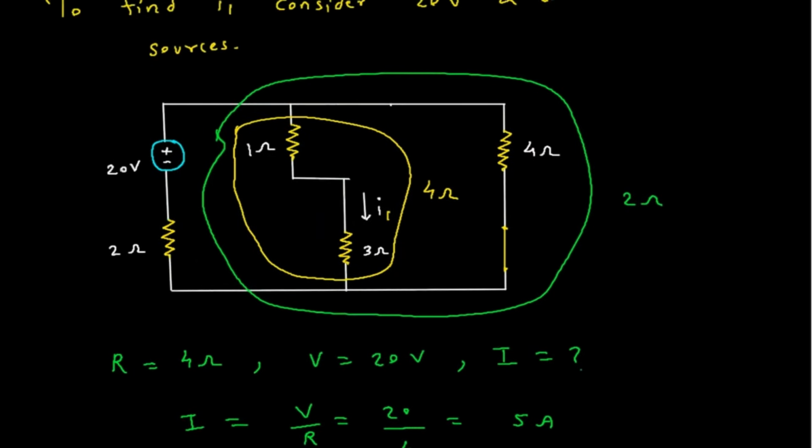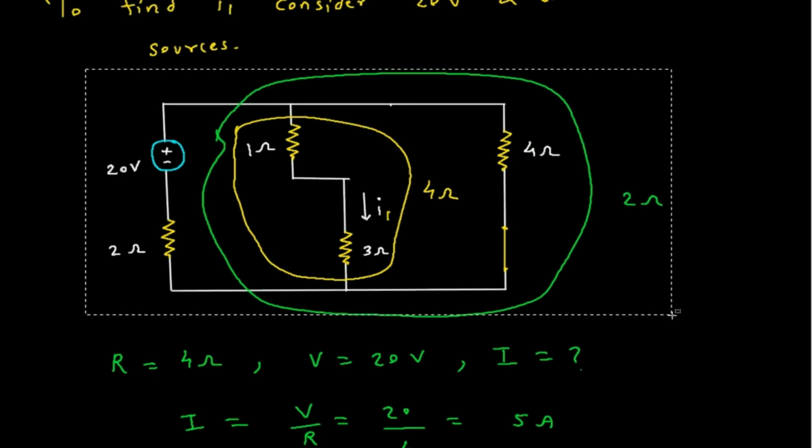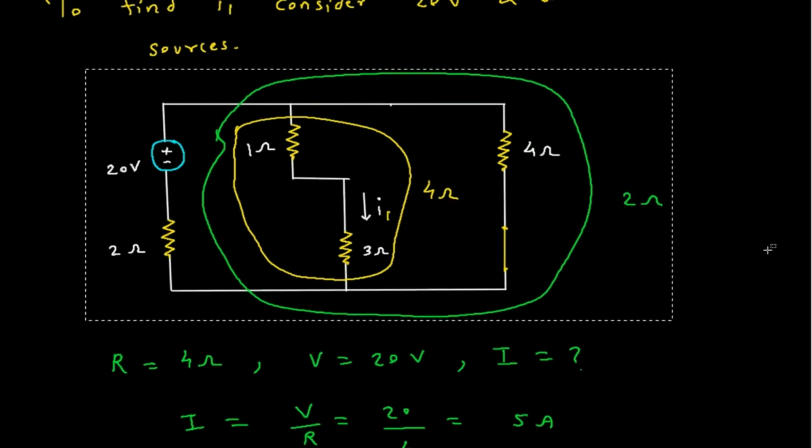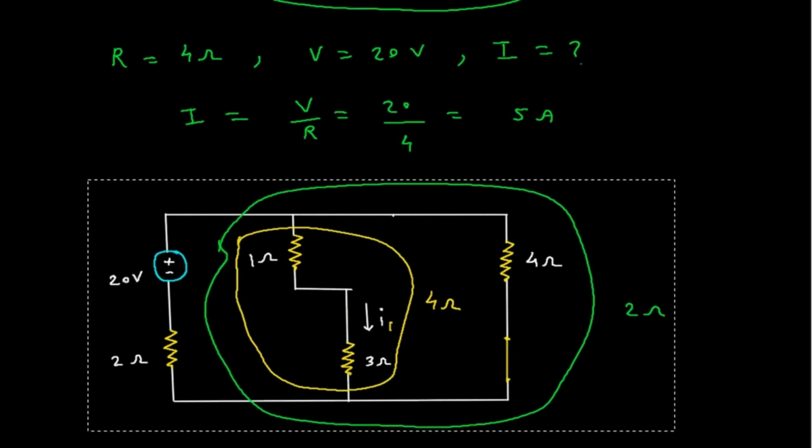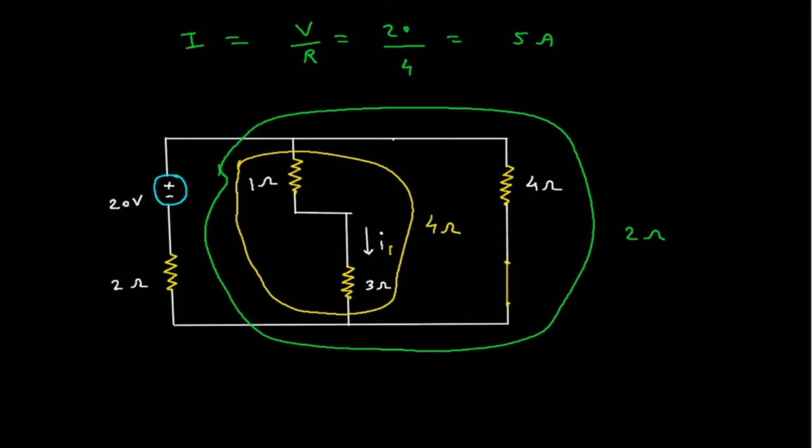Now we will redraw this circuit again. This value is 5 ampere. We have to find this I1.